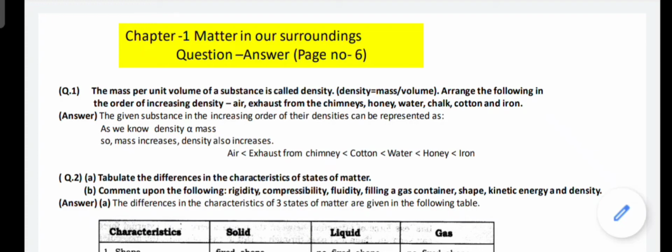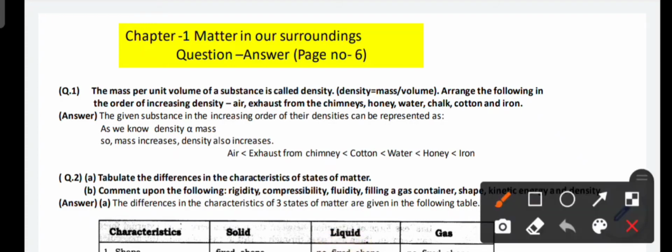So the answer is, the given substances in the increasing order of their densities can be represented as follows. As we know, density is proportional to mass, so as mass increases, density also increases. First of all we will see air.